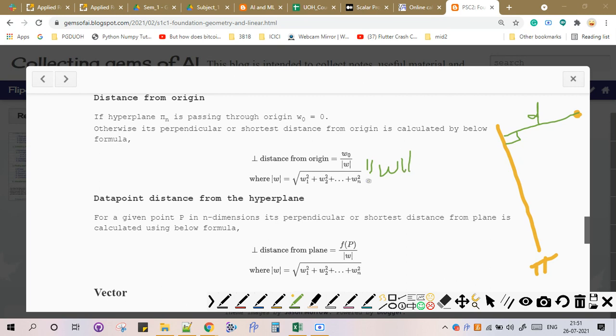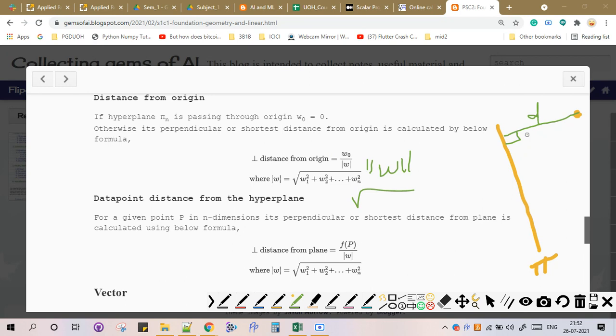So the distance from origin is W0 divided by norm of W, right? It is also called the norm of W.